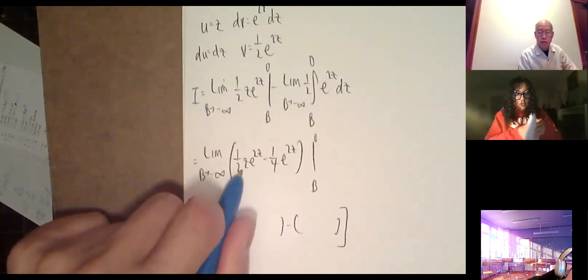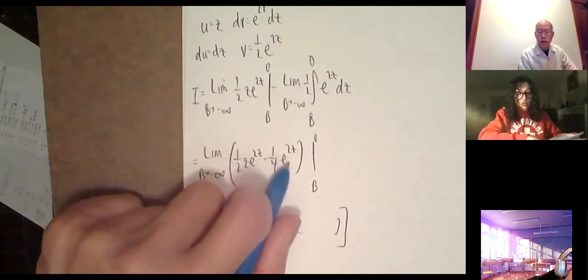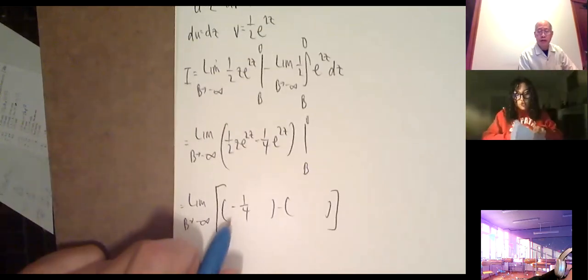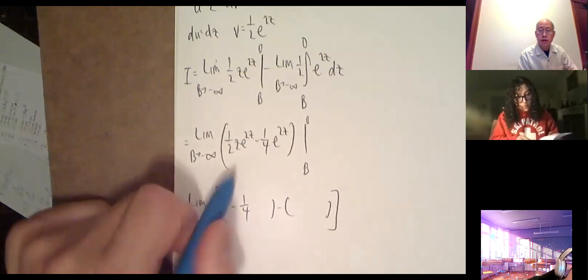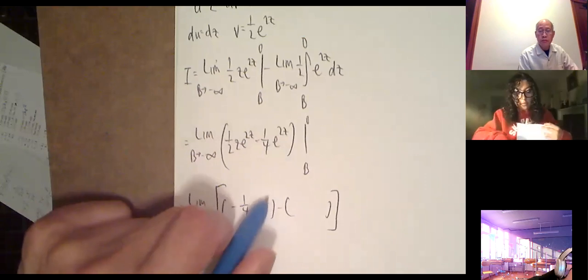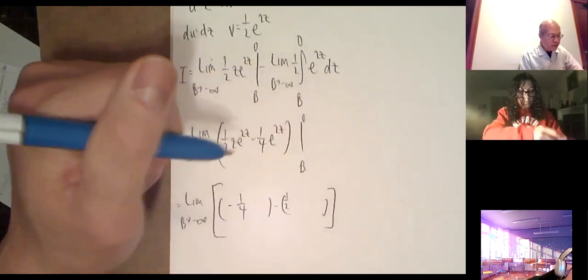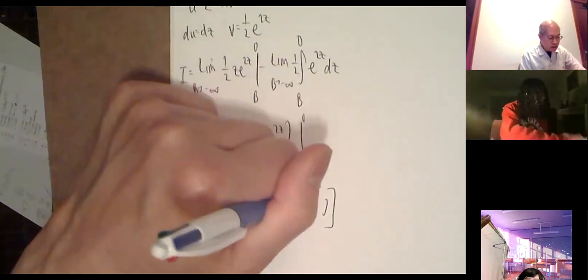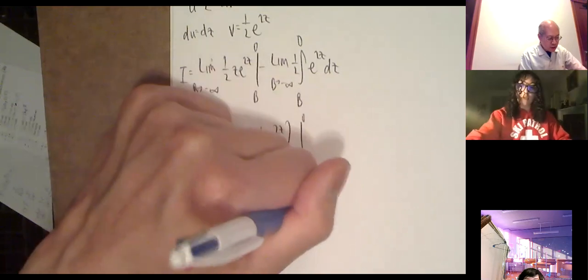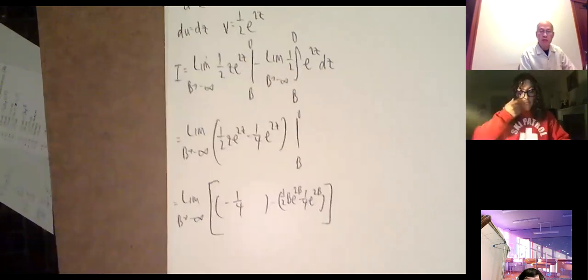That's 0, right? Put a 0 here, I get negative 1/4. Okay, 0, that's gone. 0, that's e to the 0, so negative 1/4. Minus, okay, plug in b, 1/2 b e to the 2b minus 1/4 e to the 2b.